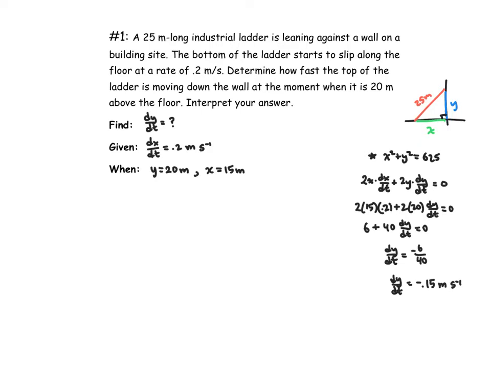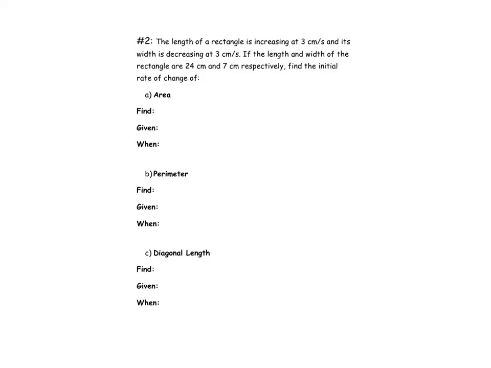Let's move on to another example. It looks like we've got a 3-pronged problem here working with a rectangle. So let's draw our rectangle with a length and a width. Let's call this W, let's call this L. The length of a rectangle is increasing at a rate of 3 centimeters per second, and its width is decreasing at the same rate.